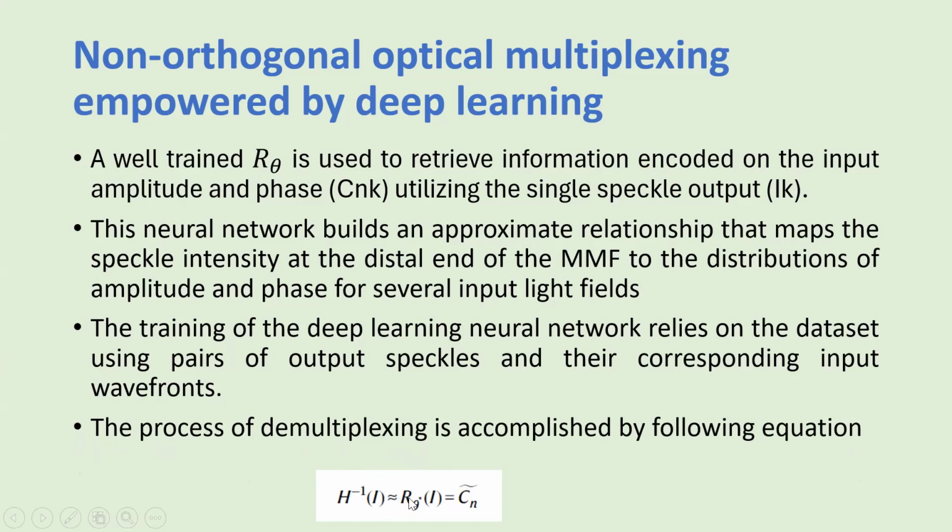The demultiplexing expression: H raised to the power -1 times I is the relationship that maps. I is the single speckle output or the multiplexed channel, the multiplexed light field.